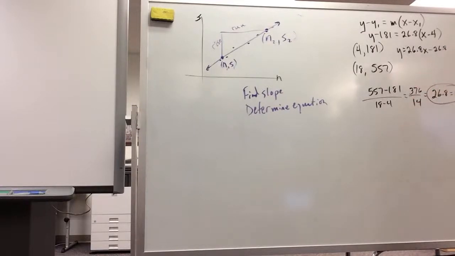Because when we do a regression on the calculator, it gives us something in slope-intercept form. So I'm just going to add 181 to both sides. I'm going to distribute this. And then do some calculations and figure out what mine's going to be in slope-intercept form. You should do the same with yours.